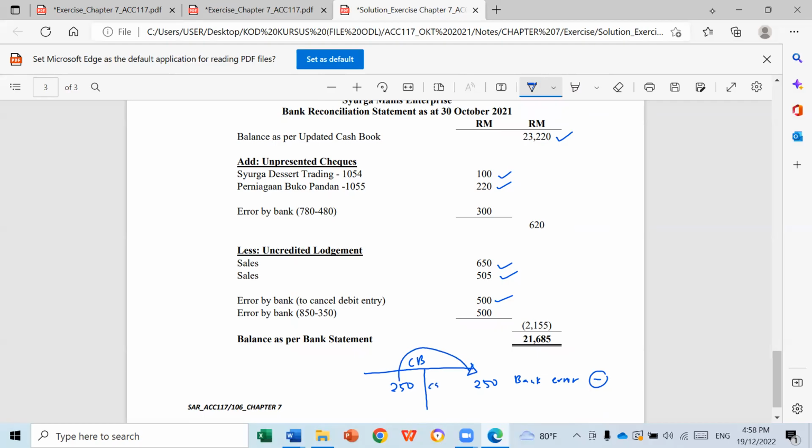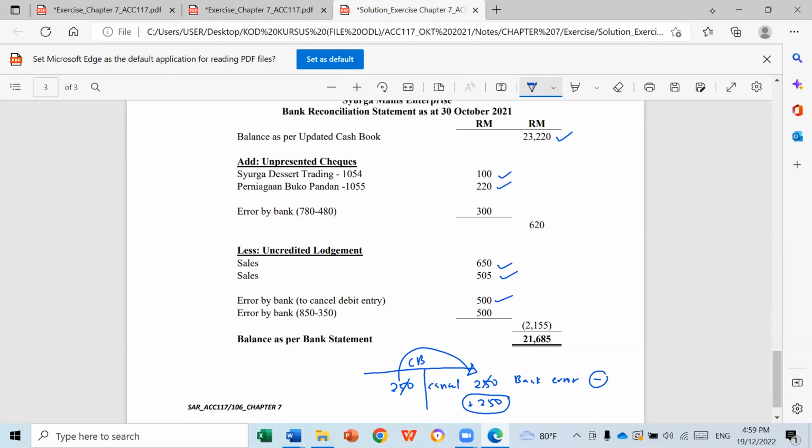First, you have to cancel the amount first, and next is to create the transaction on the credit side. So you have add another 250 to create the transaction of outflow of cash. That is why you have to record the error as 500.